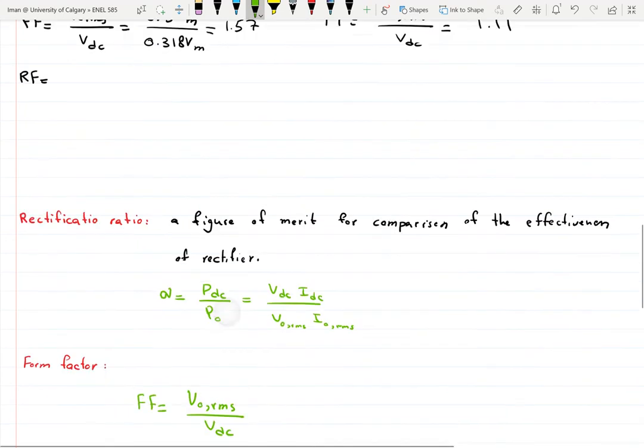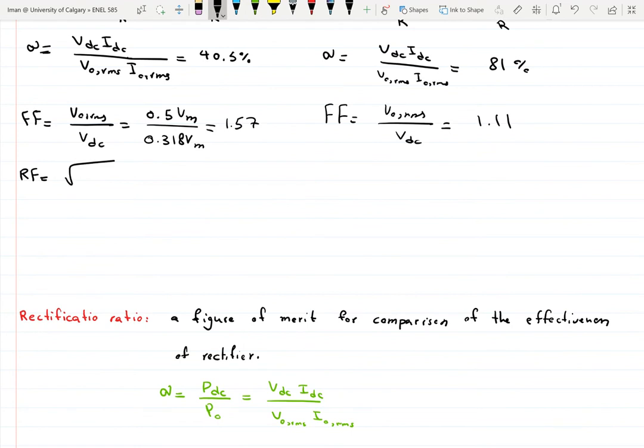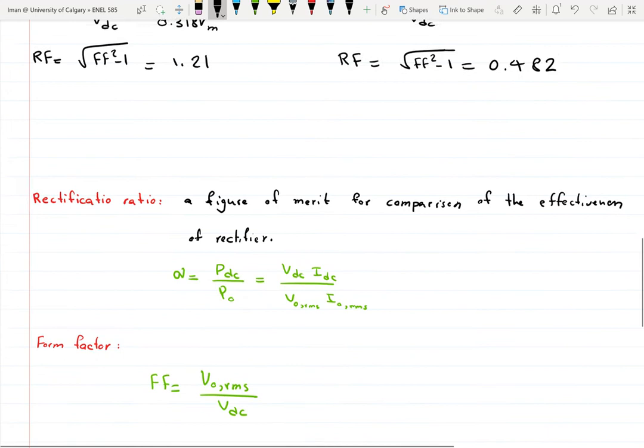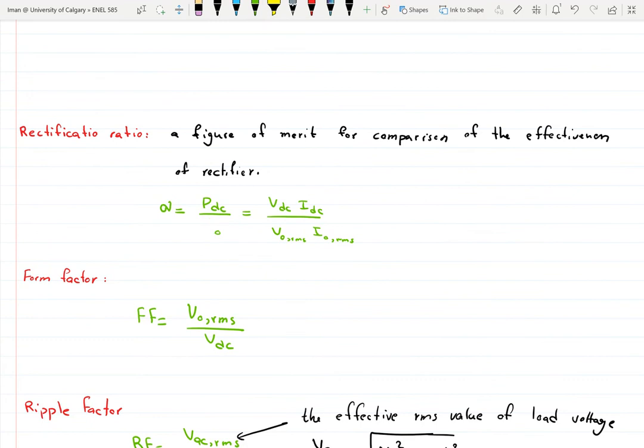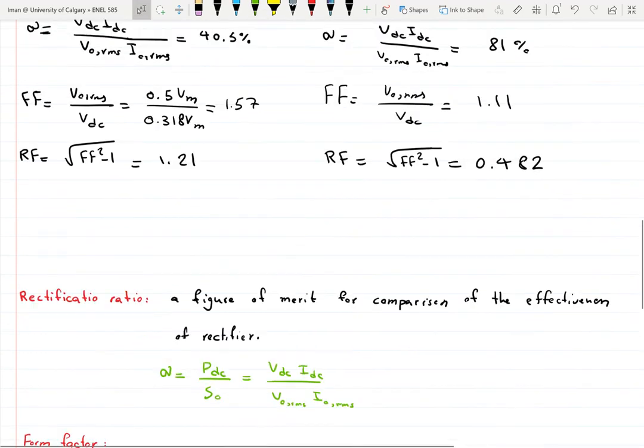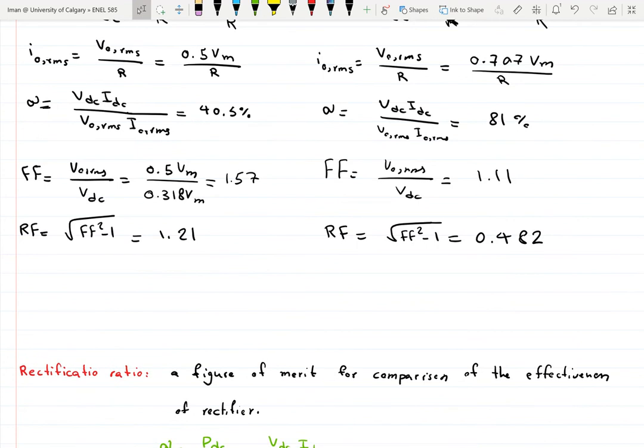So for here, I can write form factor to the power of 2 minus 1, which is equal to 1.21 here, and for full wave is equal to 0.482. So I write P here, this is S.